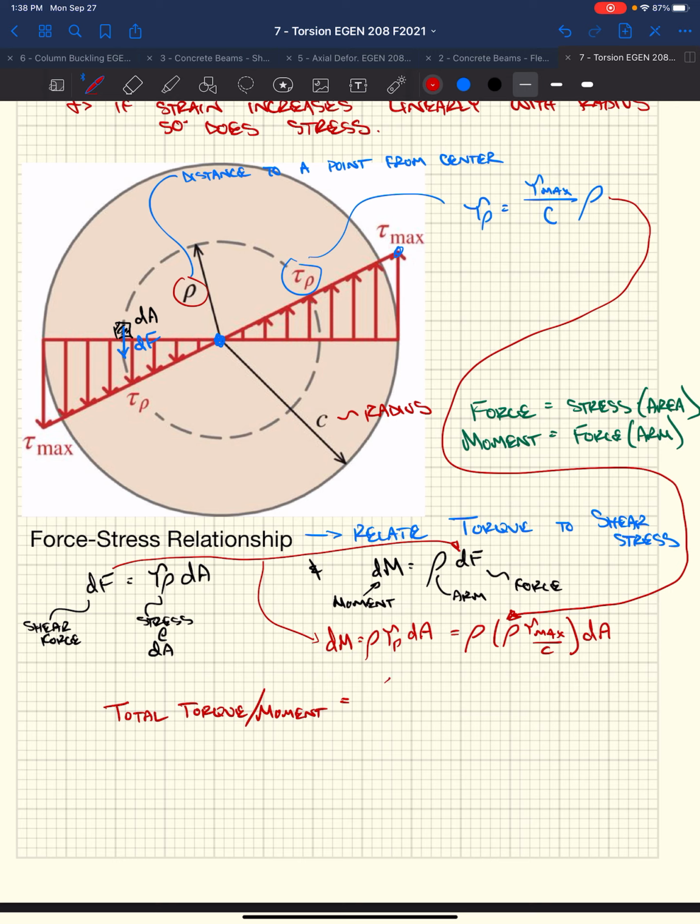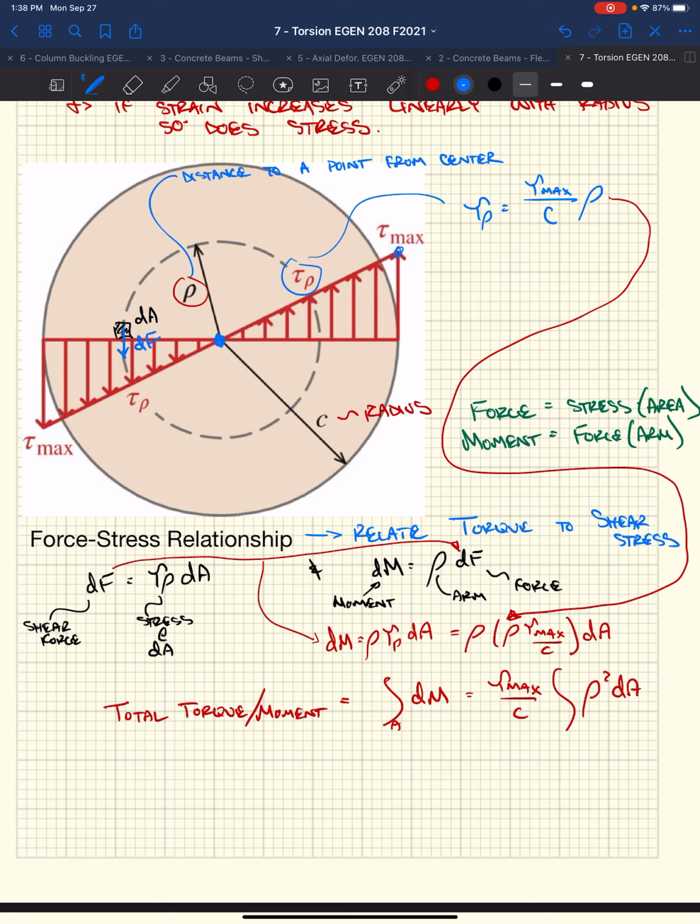Well, in order to do that, this is where we get our lovely integral. That's what an integral is, just summing areas. So we're going to sum the area over the expression we developed for a moment. We get this tau max over c times the integral of rho squared dA.